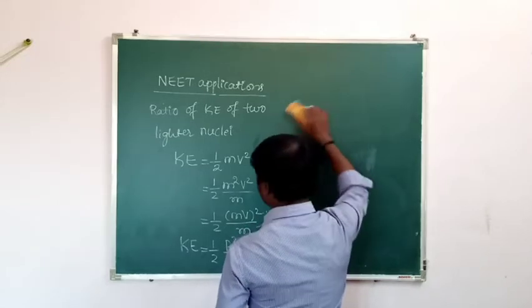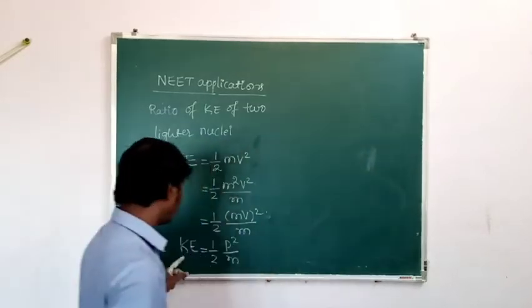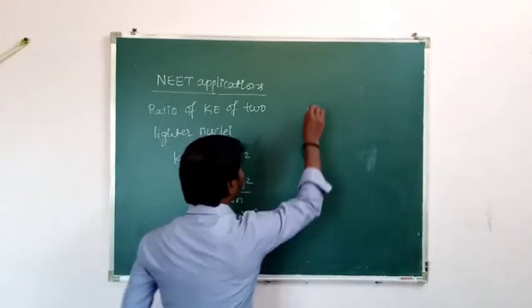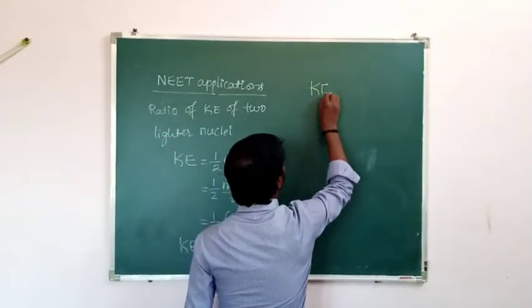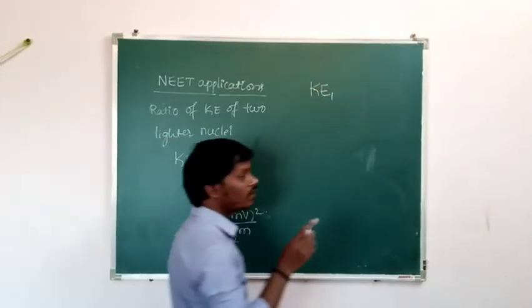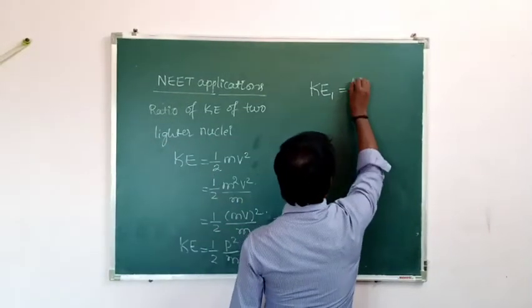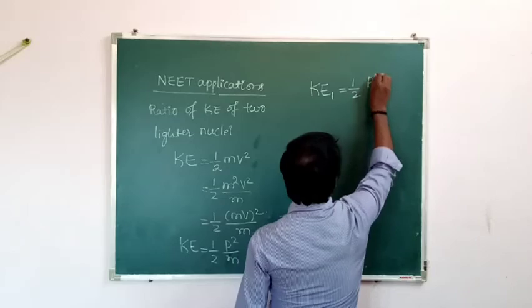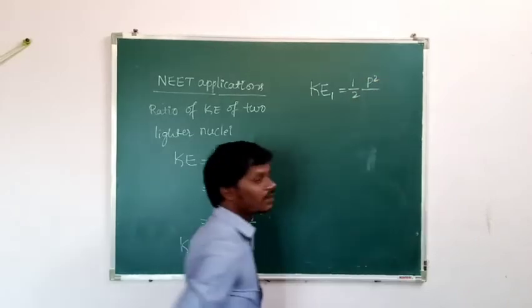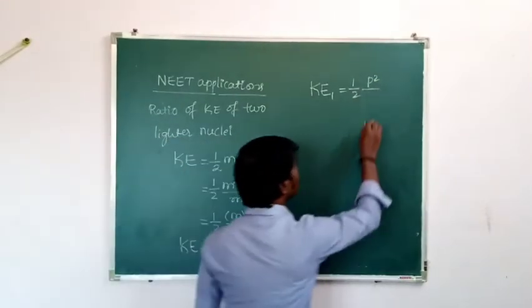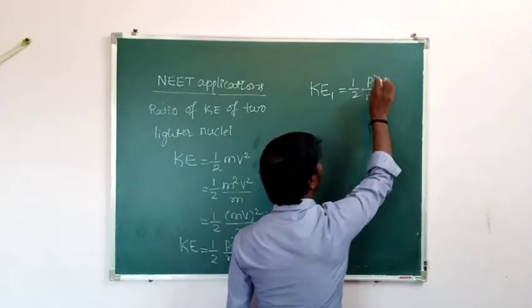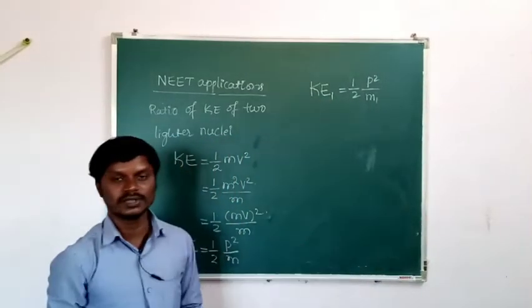Next we are going to find the ratio here. Ke1, the kinetic energy of the first lighter nucleus, is equal to 1 by 2 p square divided by the mass of the first lighter nucleus, that is m1, because we know that the momenta are equal.